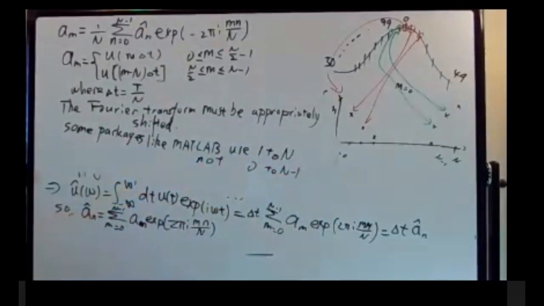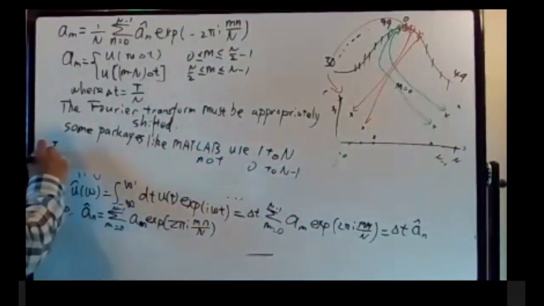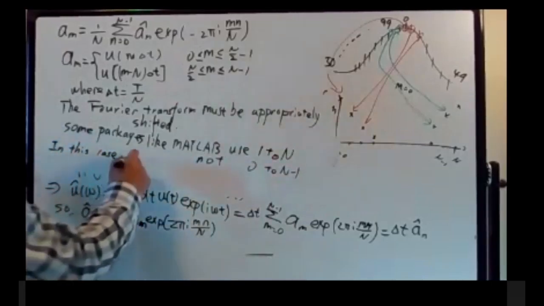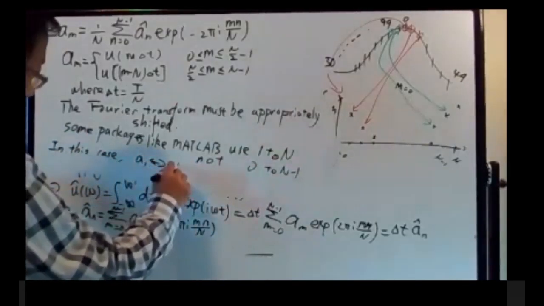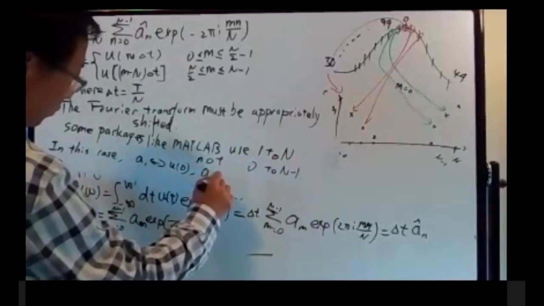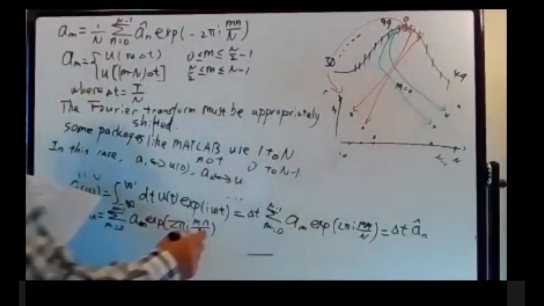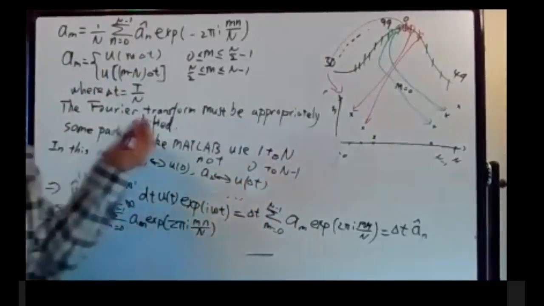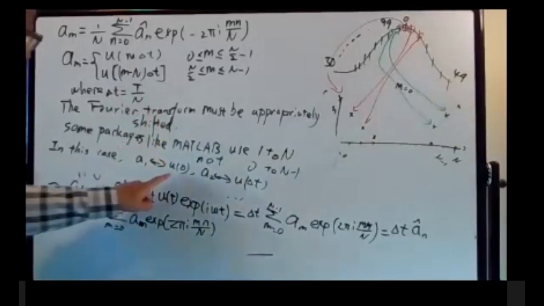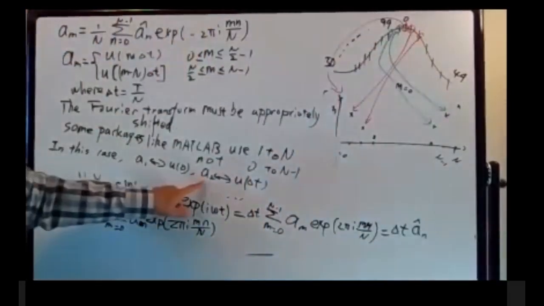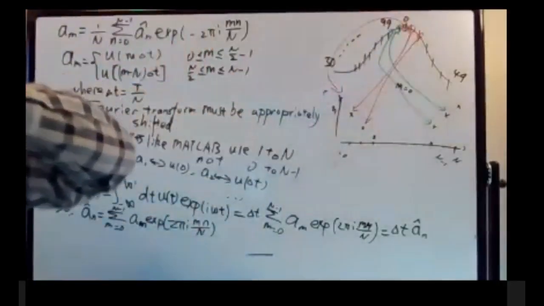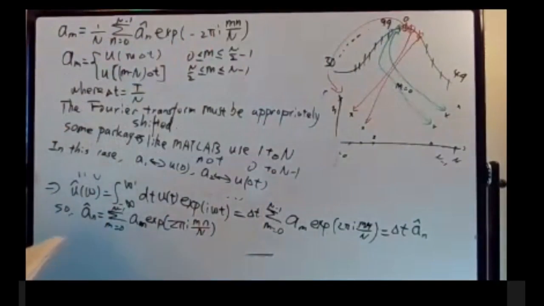In this case, we'll just make sure A1 is U0, A2 is U of delta t. Just be careful. My A1, the first index, is U0, which is the center maximum in the Gaussian pulse. A2 is U of delta t, the first one on the right. Okay.